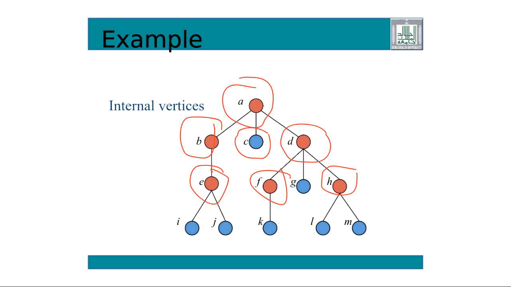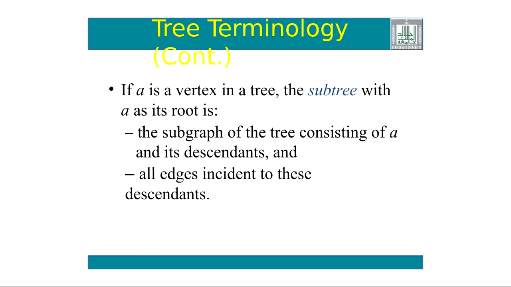Okay, then subtree. What is a subtree? Suppose A is a vertex in the tree. The subtree with A as root is the subgraph consisting of A and its descendants and all edges incident to these descendants.